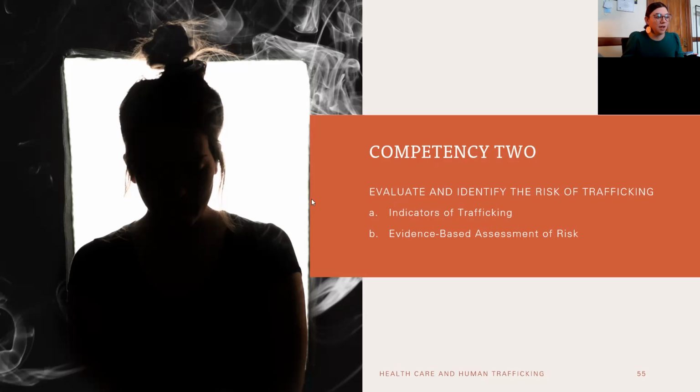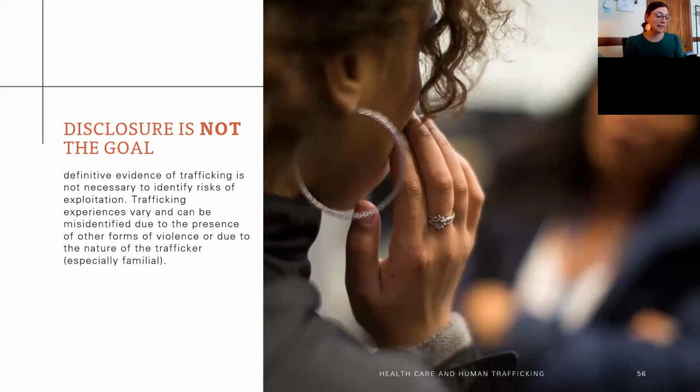Okay, so identifying the risk or the indicators of trafficking. So once again, disclosure, not the goal. Definitive evidence of trafficking is not necessary to identify risks of exploitation. Trafficking experiences vary and they are often misidentified due to other forms of violence being present as well, and the nature of the relationship with their trafficker, especially in cases of familial trafficking.